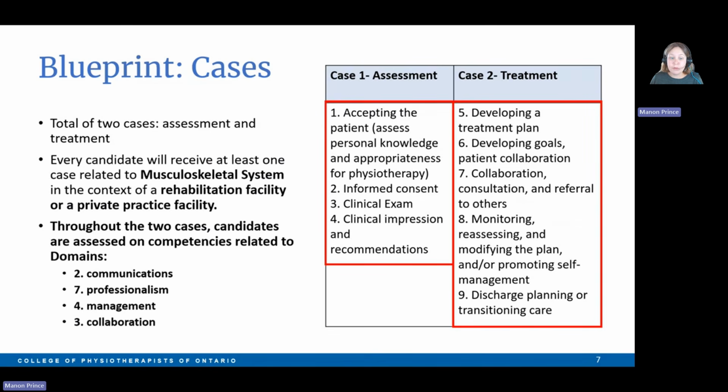The assessment case will focus on skills related to accepting a patient, informed consent, completing a clinical exam and generating a clinical impression based on assessment findings, and making appropriate recommendations. The treatment case will focus on skills related to the development of a treatment plan, goal setting, collaboration, consultation and referrals, monitoring of a patient, and discharge planning or transition planning.